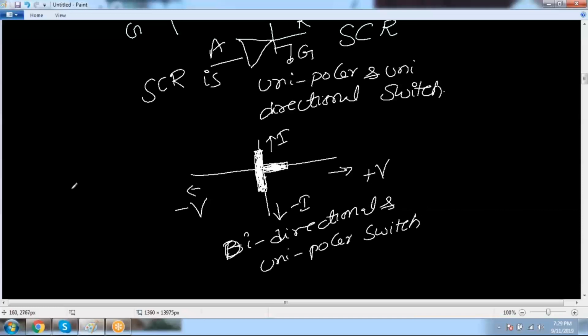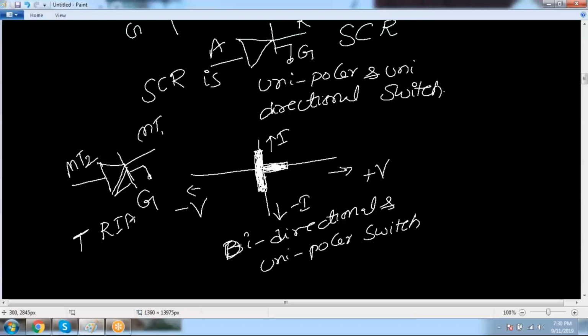Now, after some time, I'm going to discuss a module called TRIAC, that is MT2, main terminal 2, main terminal 1, and there is a gate terminal. This is called TRIAC. Whenever I am discussing this TRIAC, what is this one? Students, tell me, what is this one? This is bidirectional, and I will change that at that time.